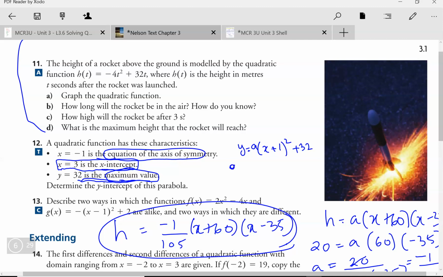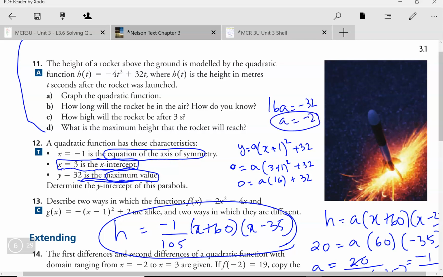So 0 equals a times (3 plus 1) squared plus 32. 0 equals a times 16 plus 32. 16a equals -32. a equals -2.